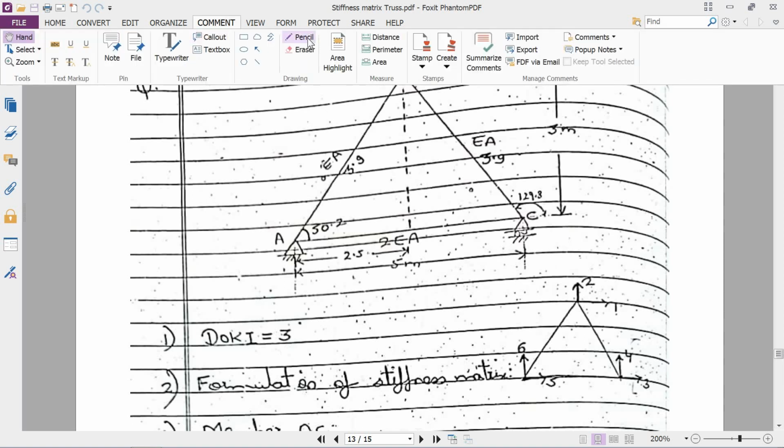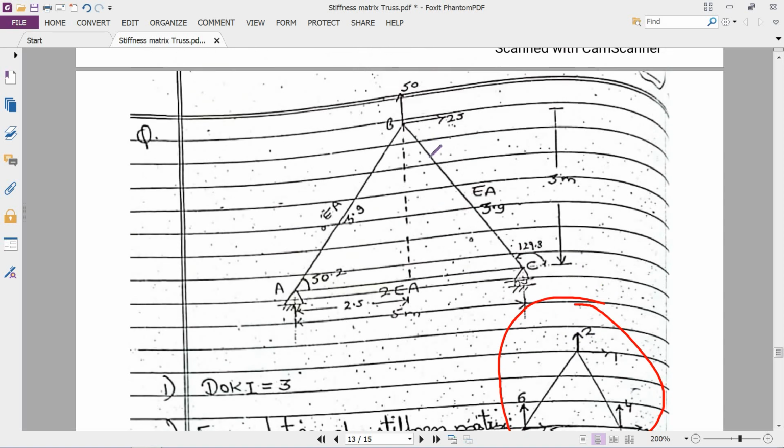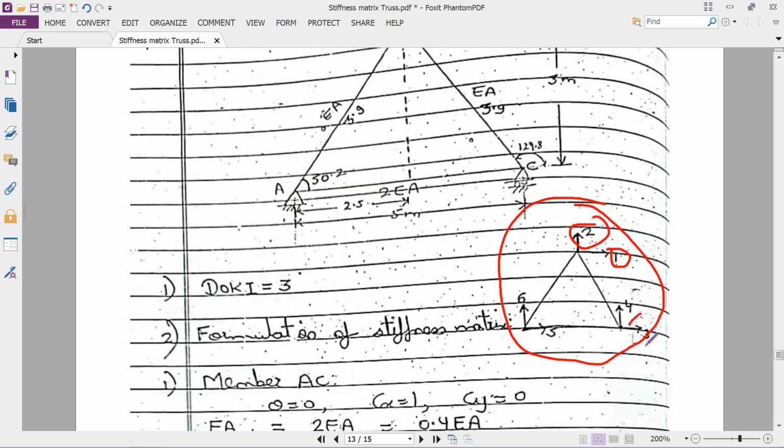So these are the coordinates in which we have to calculate the unknowns at the joint B. The unknowns are 1, 2 and 3.